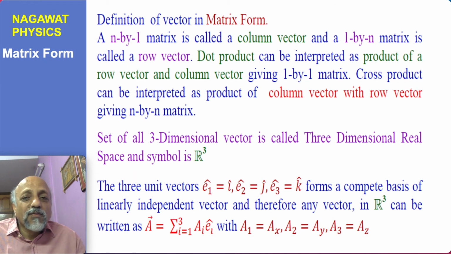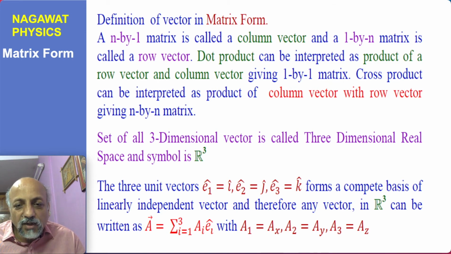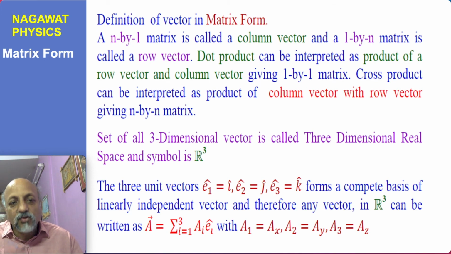Now another way of describing the vector is in matrix form. An n by 1 matrix is called a column vector, and a 1 by n matrix is called a row vector. So if you write in matrix a1, a2, a3 in a line, it's a row matrix, and if you have them one below the other, a1, a2 and a3, then it is a column vector.